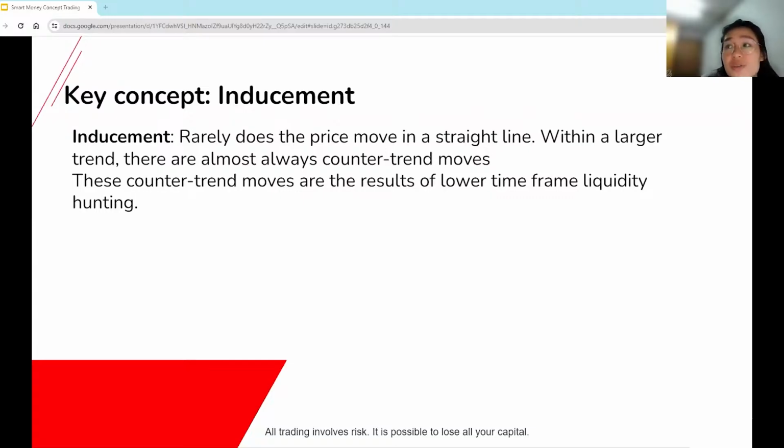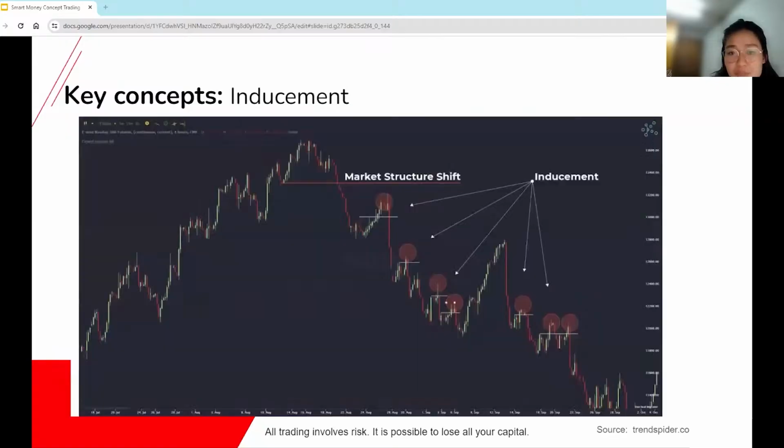Here in the example, we're talking about how price rarely moves in a straight line. Within a larger trend, there are always counter-trend moves. These counter-trend moves are always the results of lower time frame liquidity hunting. So inducement is specifically targeting these short-term highs or lows as areas where these stops might be placed.